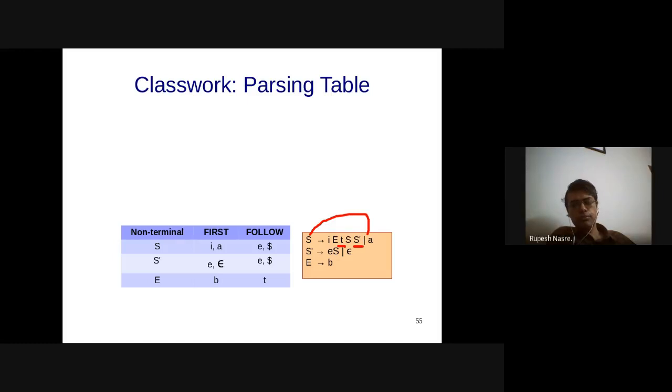Meanwhile, Kuldeep, can you tell me what is the S, small a entry? So Naman has written that he has gotten multiple entries in that S prime row. Kuldeep, what is the S A entry?